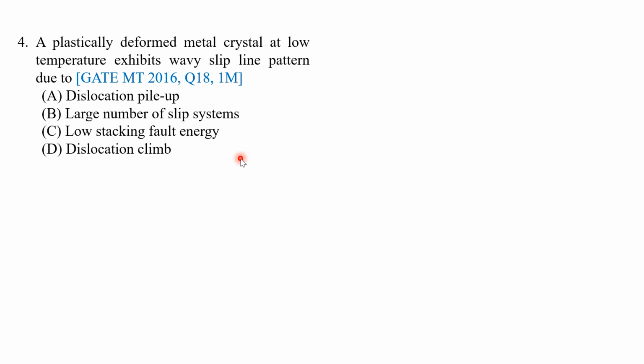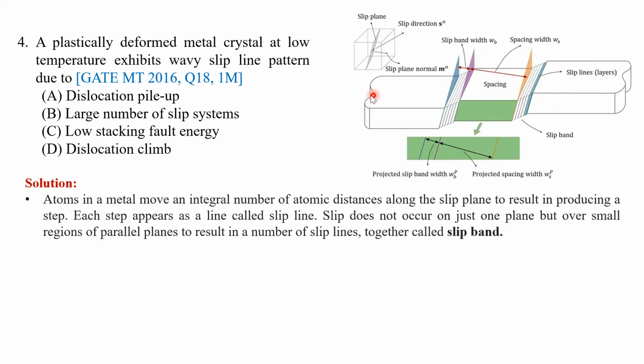So which among these is responsible for the wavy slip line pattern in a material? Here is a material that has been subjected to some kind of tension. If you have seen my previous session, you might have understood what is meant by slip plane, slip direction, and normal to the slip plane.